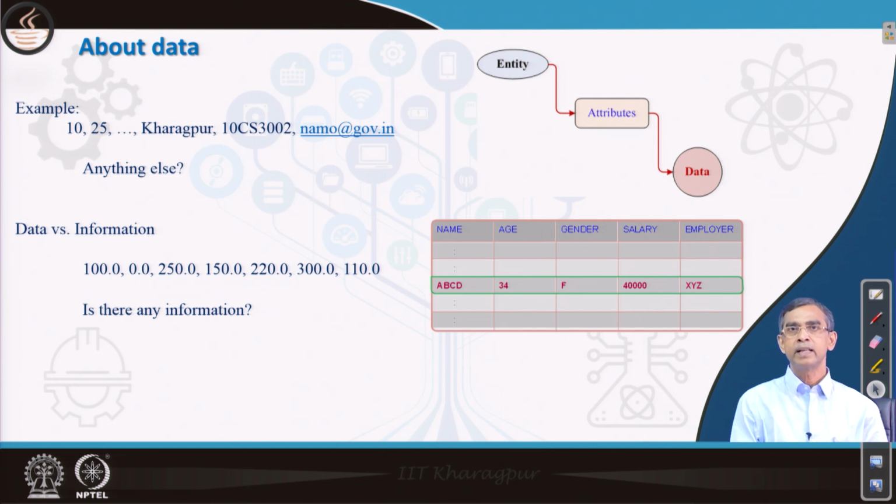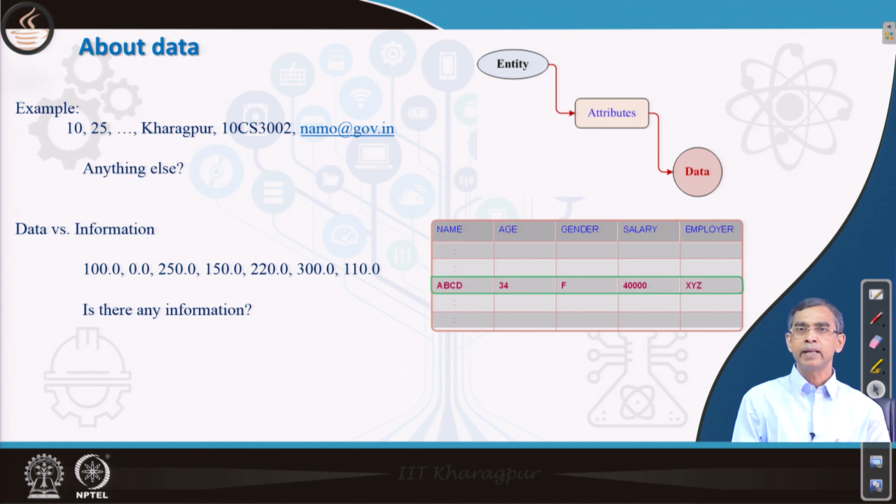Now, data is related to what? Actually, data is related to what we call an entity. Entity, in other words, in a simple way can be called a record. For example, record of a student, record of an employer or employee, record of a course, record of an institution, and so many things are there.